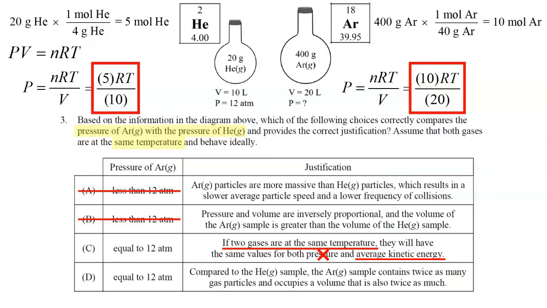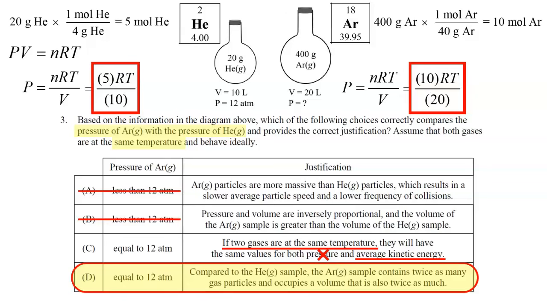Let's take a look at choice D in terms of the justification. It says compared to the helium sample, the argon sample contains twice as many gas particles. Well, that's true. We have 5 moles of helium. We have 10 moles of argon, so that's true. And occupies a volume that is also twice as much. That's also true. We have 10 liters for the sample of helium, and we have 20 liters for the sample of argon. So look at that mathematical ratio.